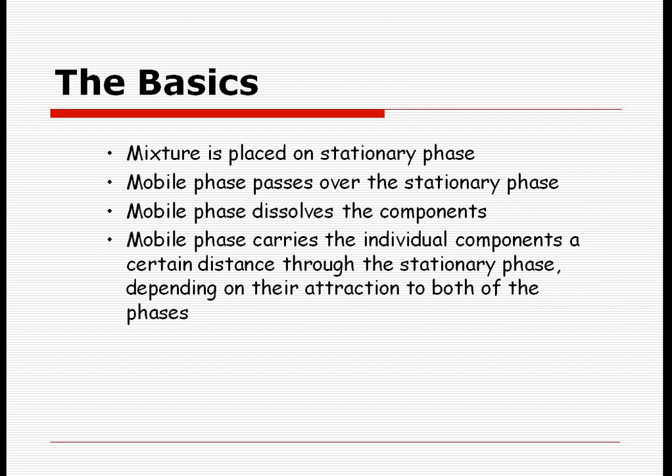So the mixture is placed on the stationary phase, and the mobile phase passes over the stationary phase. The mobile phase dissolves the components. The mobile phase carries the individual components a certain distance through the stationary phase, depending on their attraction to both of the phases.